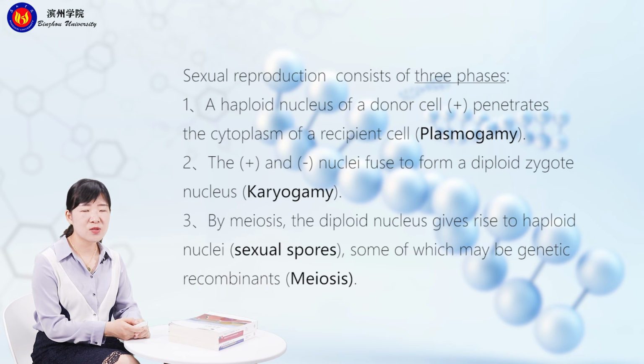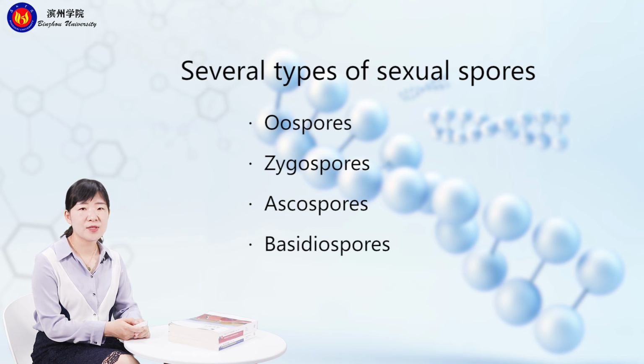We call them sexual spores, some of which may be genetic recombinants. This phase is meiosis. There are several types of sexual spores: oospores, zygospores, ascospores, and basidiospores.